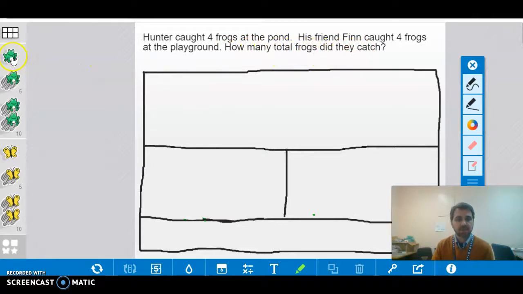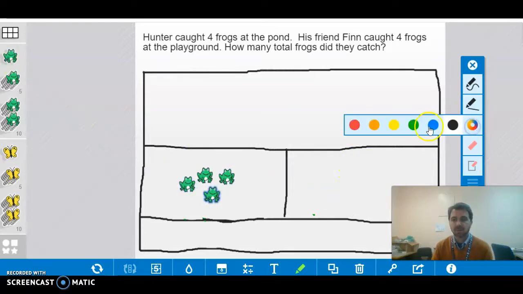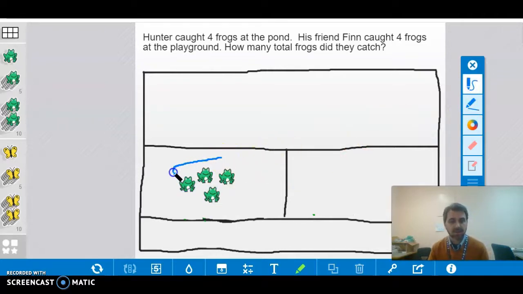Well, let's see. So if we put 4 frogs down here, that'll represent the ones that Hunter caught down at the pond. And you know what? Maybe I'll even draw a little pond around them. A little bit of water.